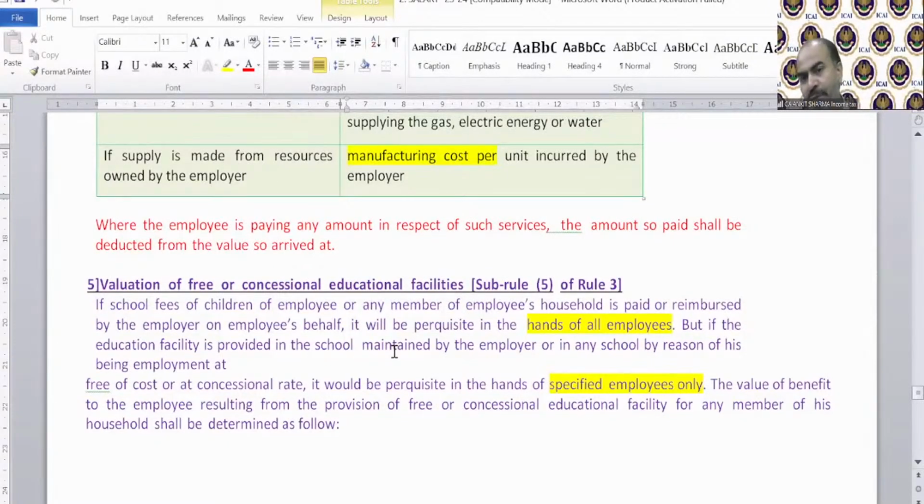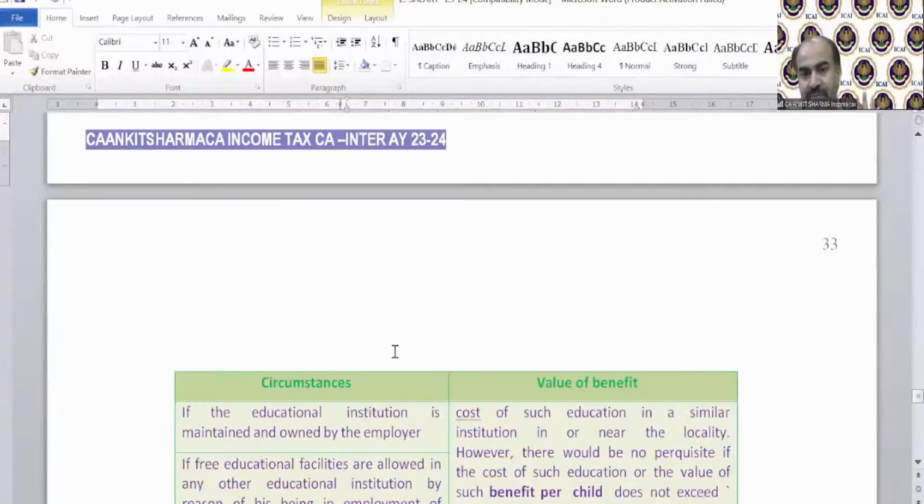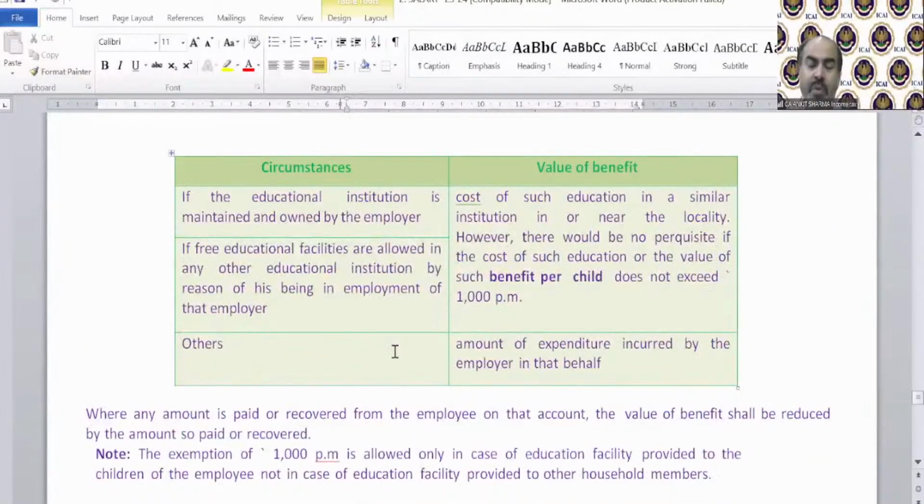Here's a special provision in this case. If the school is run or maintained by the employer, then whatever amount of taxable perquisite, up to rupees 1,000 per month per child is going to be exempted, or not taxable as perquisite. This is the important circumstance.